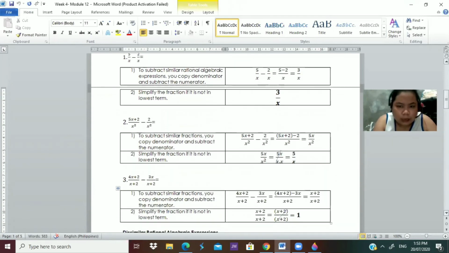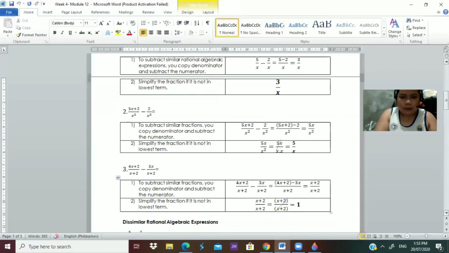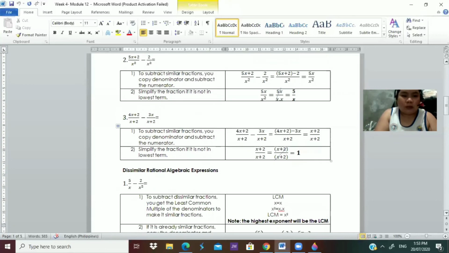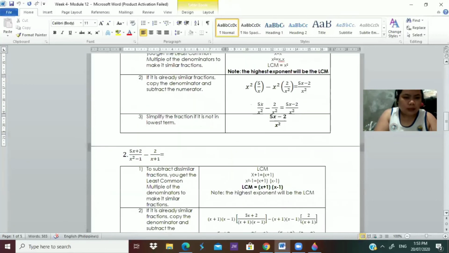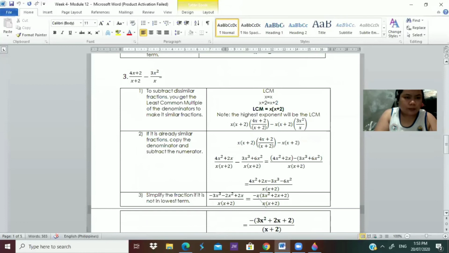Okay? Pero nagkataon kasi na yung given ko ay simple ng konti. Ayan. Sige, so magbibigay ako mamaya ng rational expressions na similar tapos i-apply natin yung rule. Okay. So number 3.